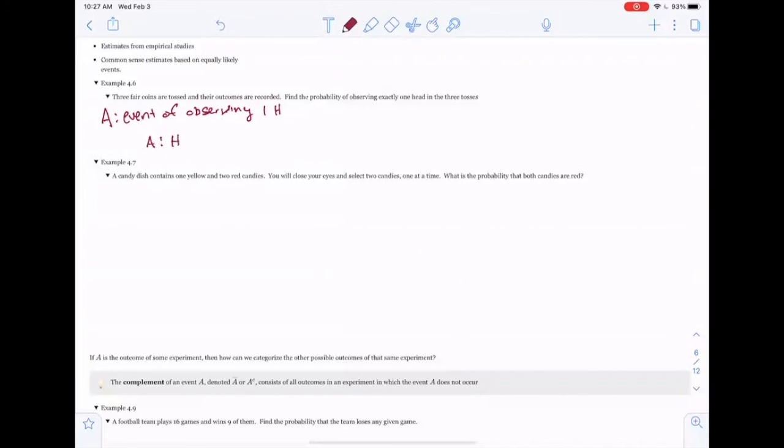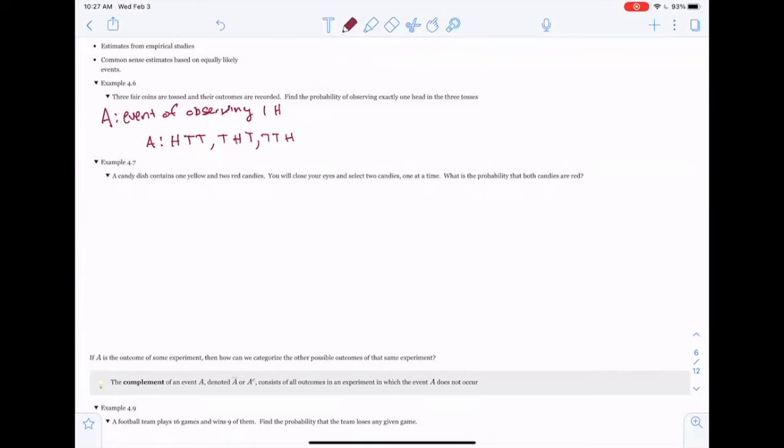A, therefore, is either going to be heads, tails, tails, tails, heads, tails, or tails, tails, heads, right? These are the only possible outcomes that we could get from observing exactly 1 head out of 3 coins. If any of these were changed, we would increase or decrease the number of heads.